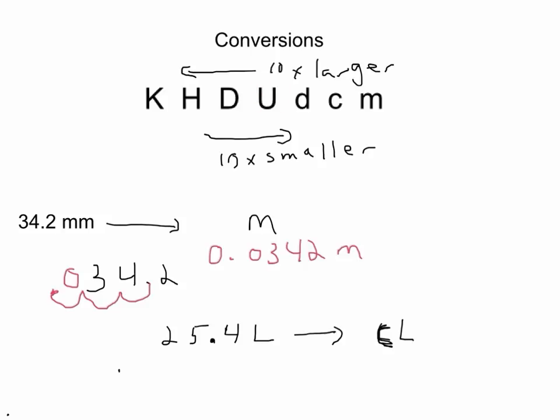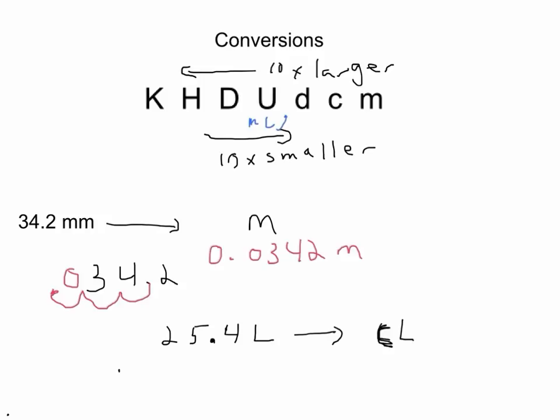Remember that my unit space is going to be meters, liters, or grams. And I start at liters, which is here, and then I need to move to centiliters. So to go to centi, I move 1, 2 places to the right.